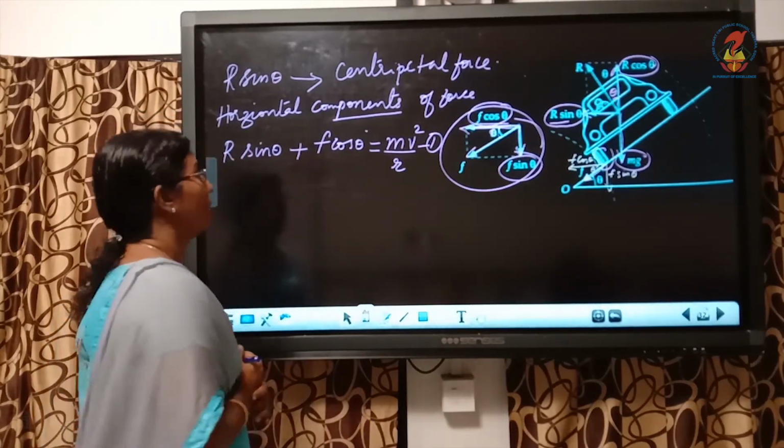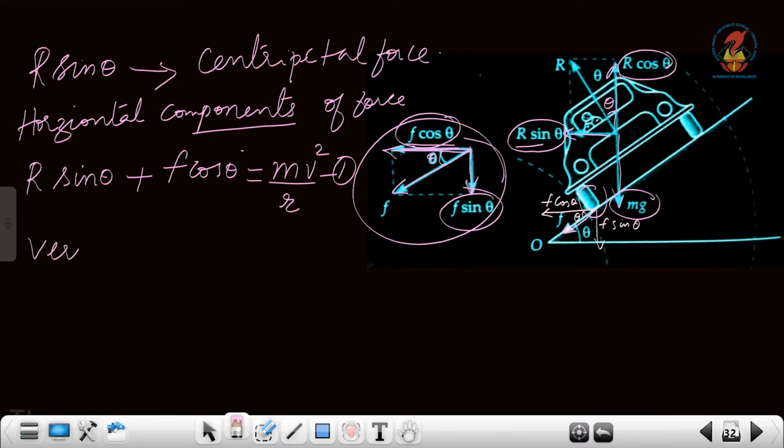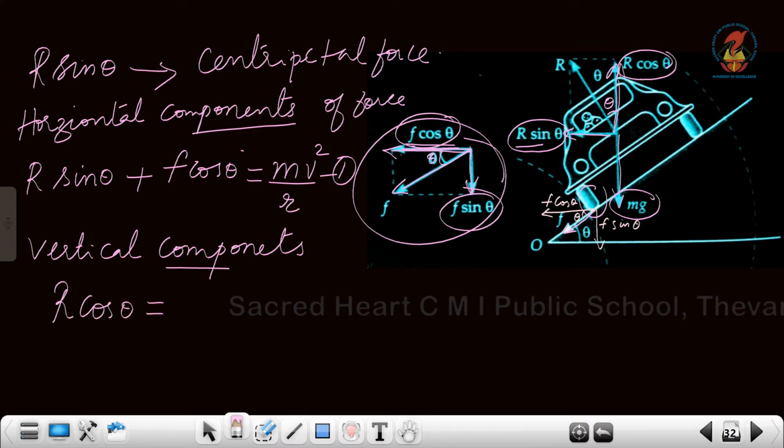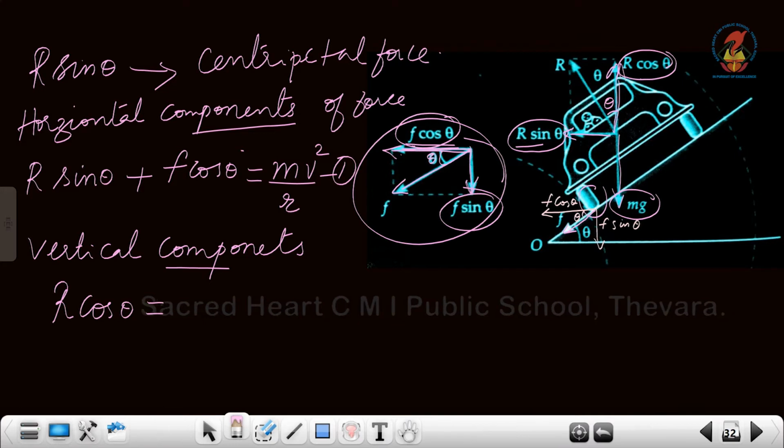Next, we are going to equate the vertical components of force. Which are the vertical components here? It is R cos theta acting upwards. So R cos theta is equal to what? What is acting downwards vertically?